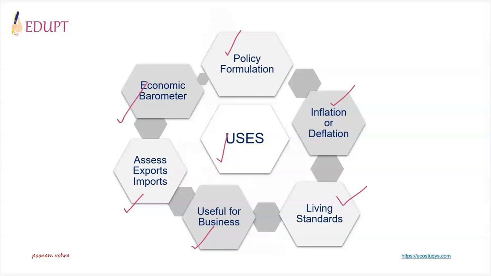It is able to measure the pulse of the economy. So, index numbers are useful for consumers, for manufacturers, and for government because they help in making decisions relating to consumption, relating to production, relating to distribution, and relating to policy formulation.